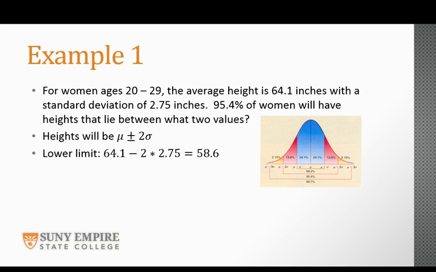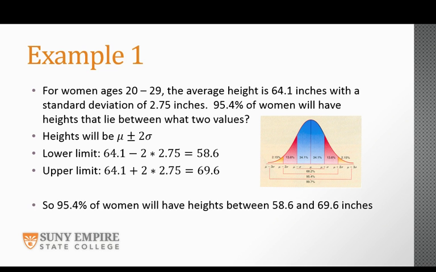We have a mean of 64.1 and a standard deviation of 2.75. When we plug those values in, we get a lower limit of 58.6 inches. Now we will find the upper limit as the mean plus 2 times the standard deviation. Plugging in our values, the upper limit is 69.6 inches.